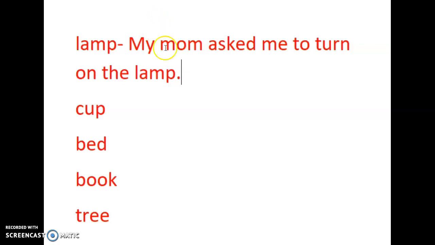So here is the word lamp. Now I want you to think, how is this noun used in my sentence? It can be a subject noun or it can be the object of the preposition. So lamp here is going to be OP for object of the preposition.